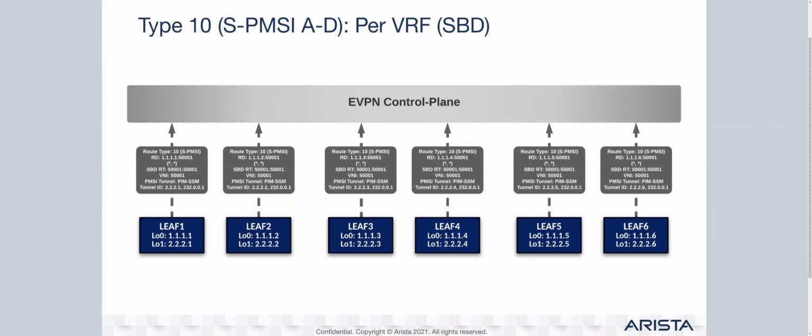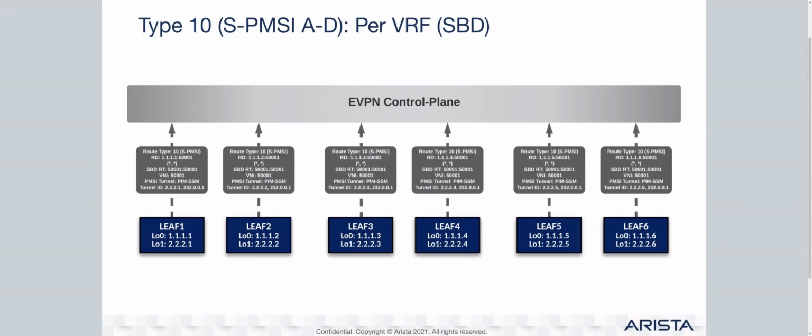All right, so what does a type 10 route actually look like? So what are the contents? Here we have enabled EVPN multicast in VRF-A on all the VTEPs, so the 1, 2, 3, 4, 5, 6. They all have the EVPN multicast command under VRF-A in their BGP config.